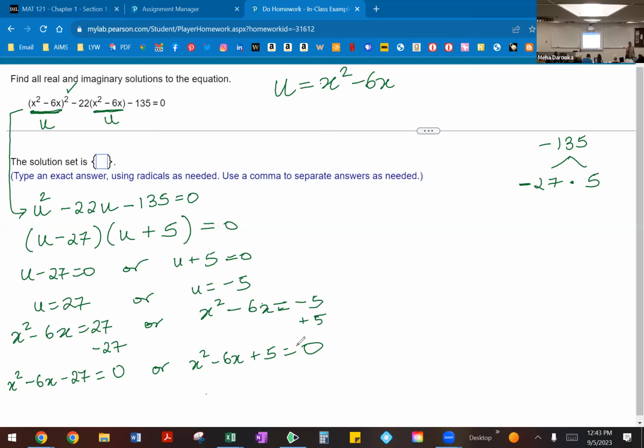That should give you the four things. It should multiply the previous one.